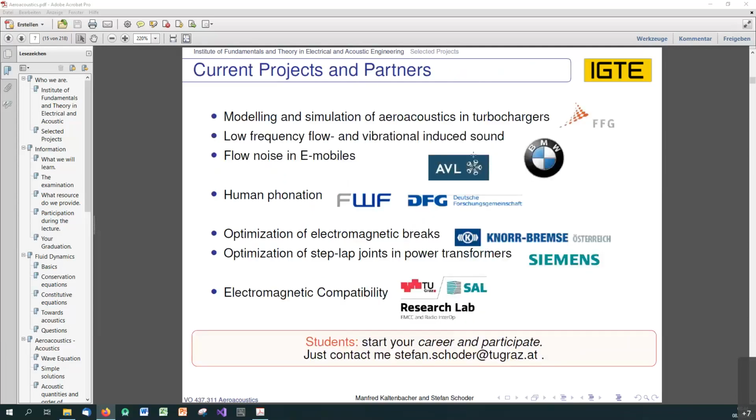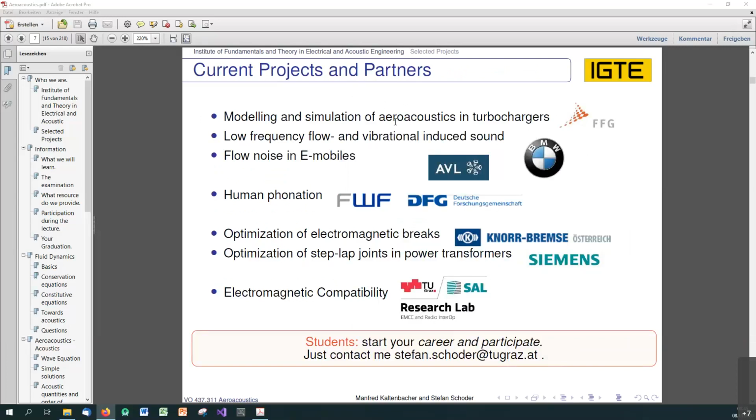Okay. And we're also doing currently a project with industry partners and research institutions and funders. First of all, we have a project with a classical car manufacturer like BMW.